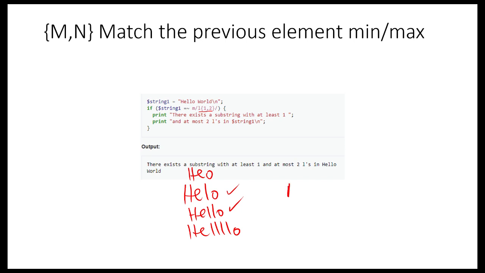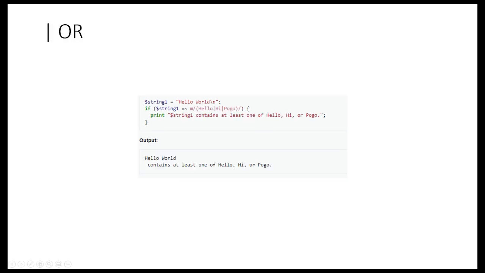So we can put any element we want within a curly brace, and we can put the minimum and the maximum. Well, I guess you could put 0 if you want to. We can also use OR, so we can match hello, hi, or pogo. This is the same OR operator that we use in any other type of logic.